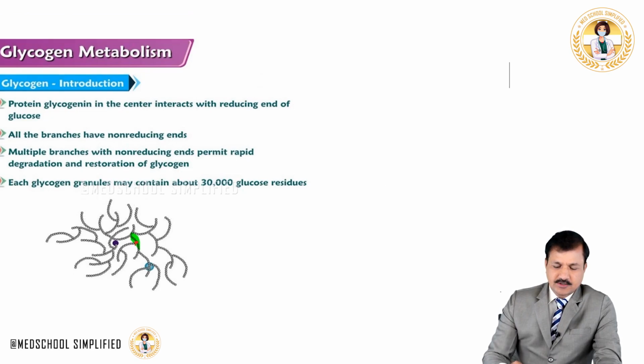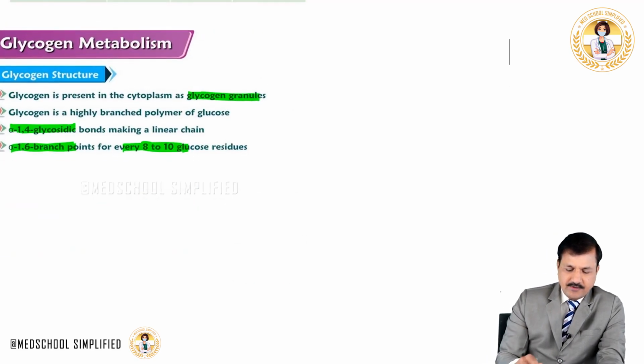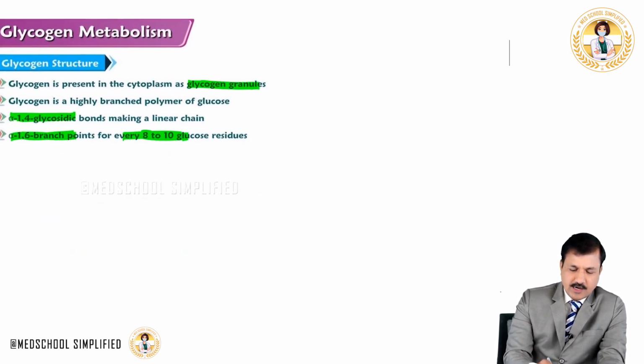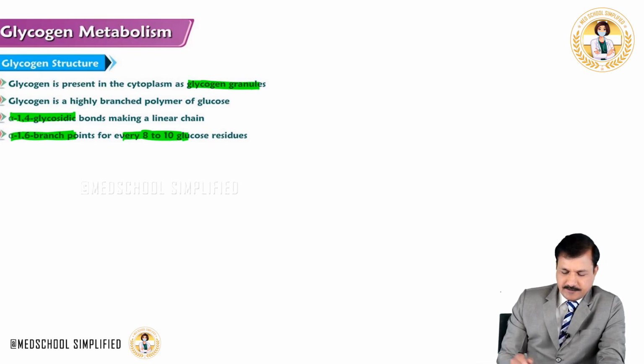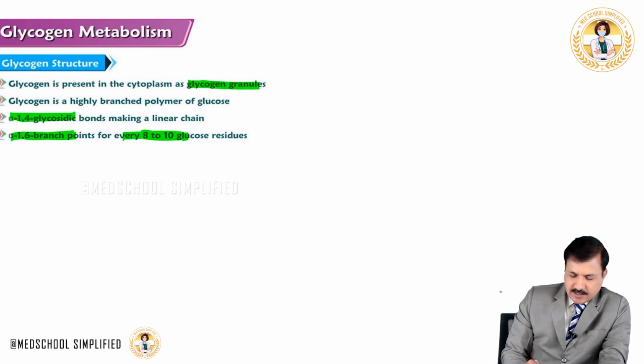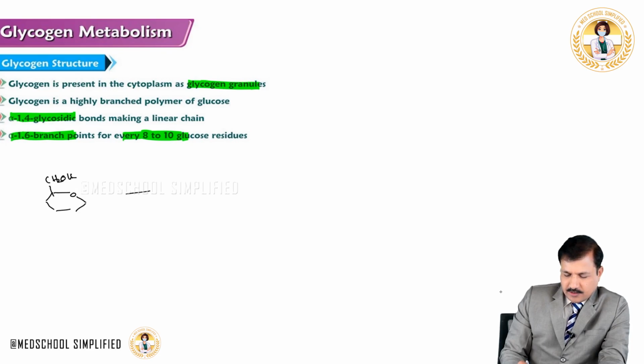Let me write down the structure and show you how exactly these bonds are made. I'll write a general structure: one glucose molecule, and the other glucose molecule here.